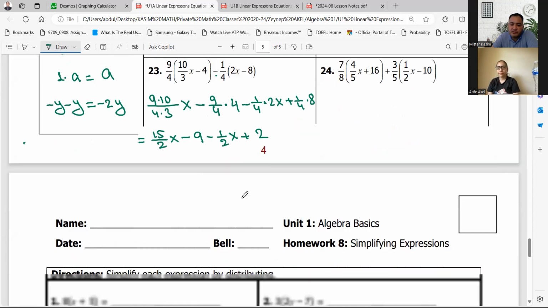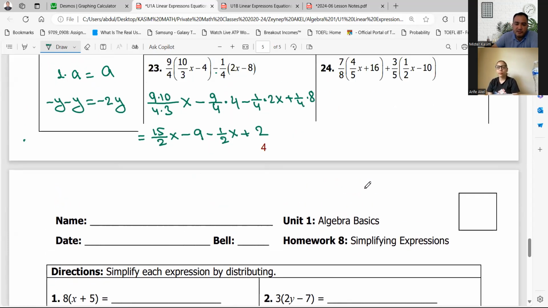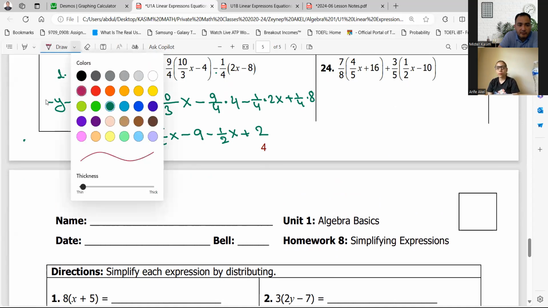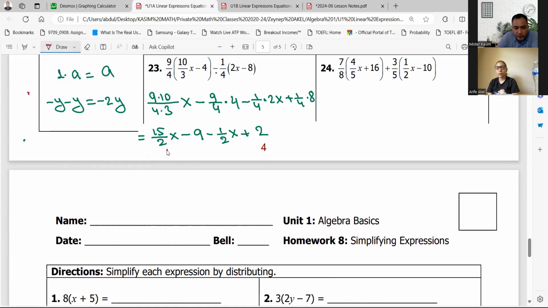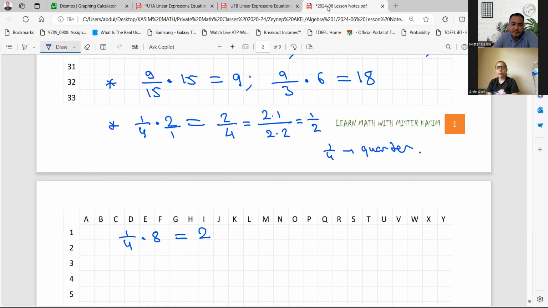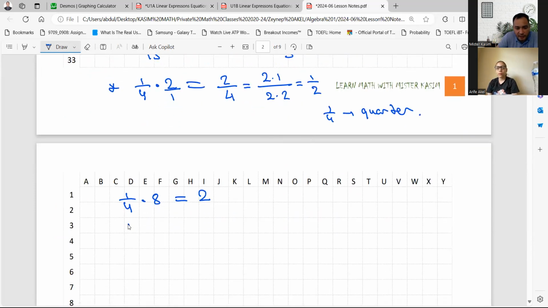And now we have to simplify this. If you simplify, Zainab, you see, here we have 15/2x minus 1/2x is equal to what? Let me just write here. 15/2 minus 1/2. Denominators are the same, right? Yes.